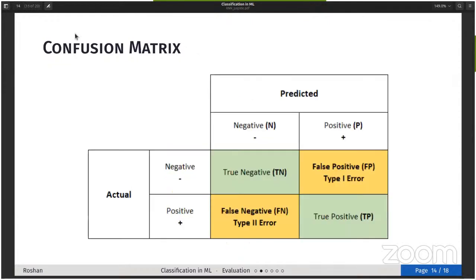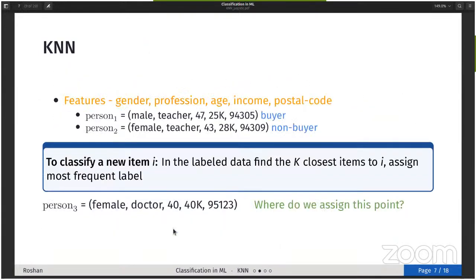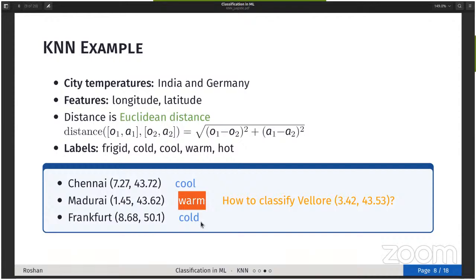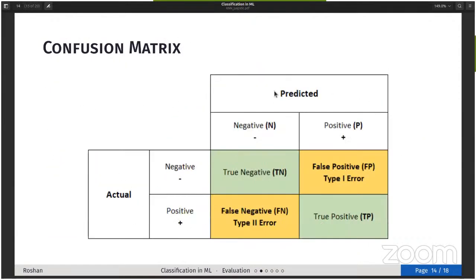The first one we can look at is called the confusion matrix. Actual means the actual labels that I already have. And predicted is the one you get as output from your model.